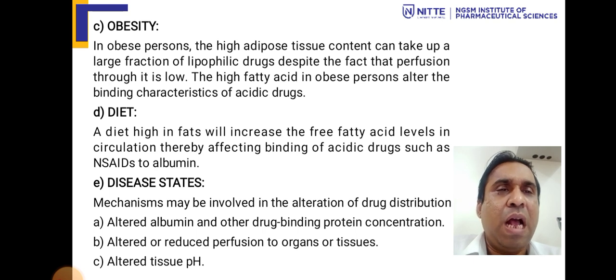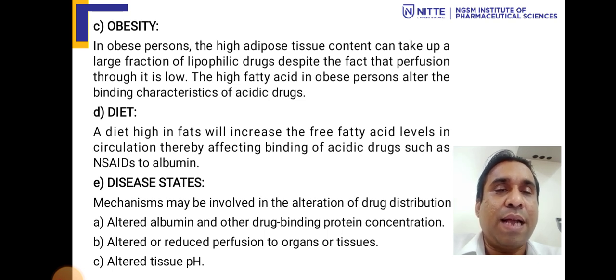Obesity: high adipose tissues, which are poorly perfused, can take up a large fraction of lipophilic drug despite the fact that perfusion is low. High fatty acids in obese patients alter the binding characteristics of drugs. Diet: high fat increases free fatty acid level in circulation, thereby affecting binding of acidic drugs such as NSAIDs to albumin.